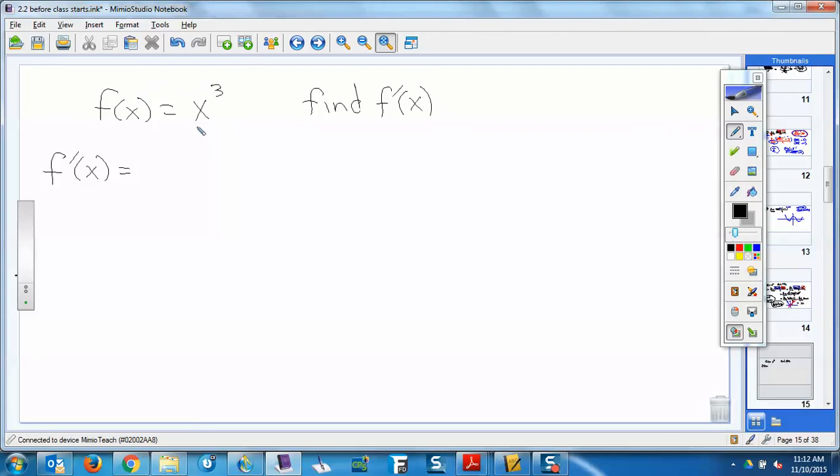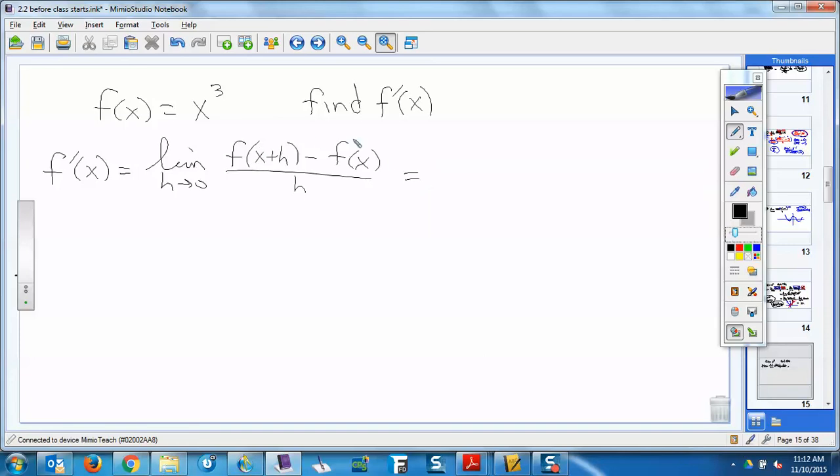So let's do x cubed. Find f prime of x. So this would be f of x plus h minus f of x all over h, right? We're not doing f prime at 2. We're not doing f prime at 4. We want to do f prime at any point x.